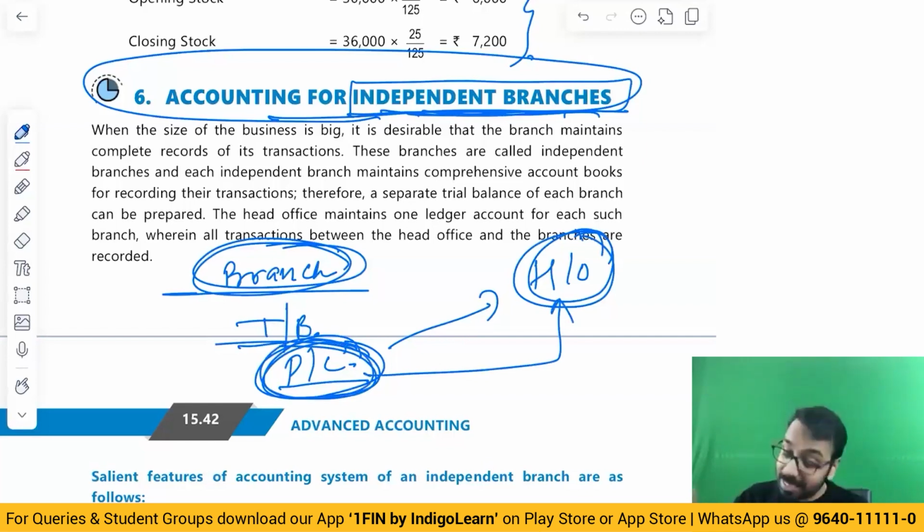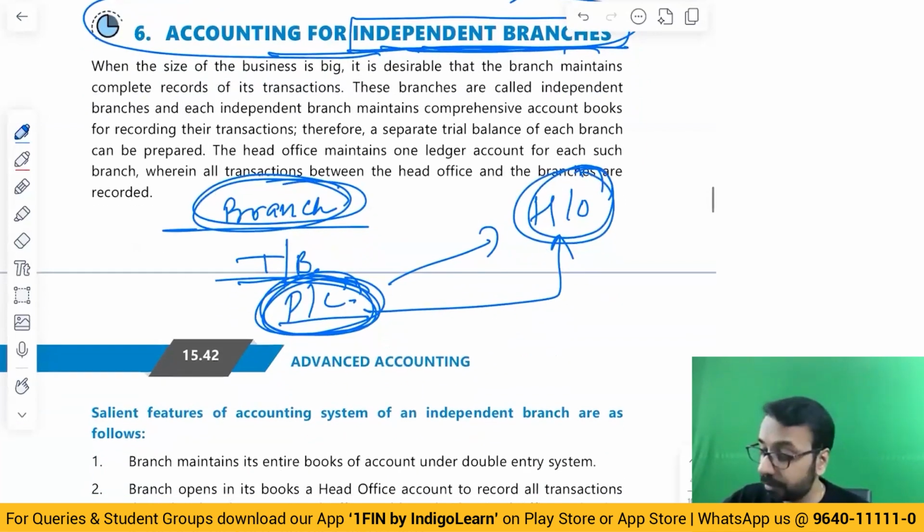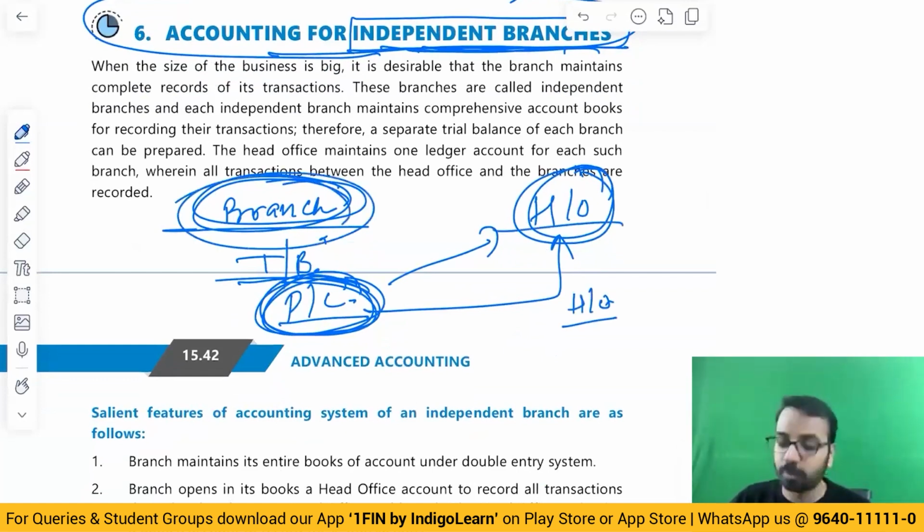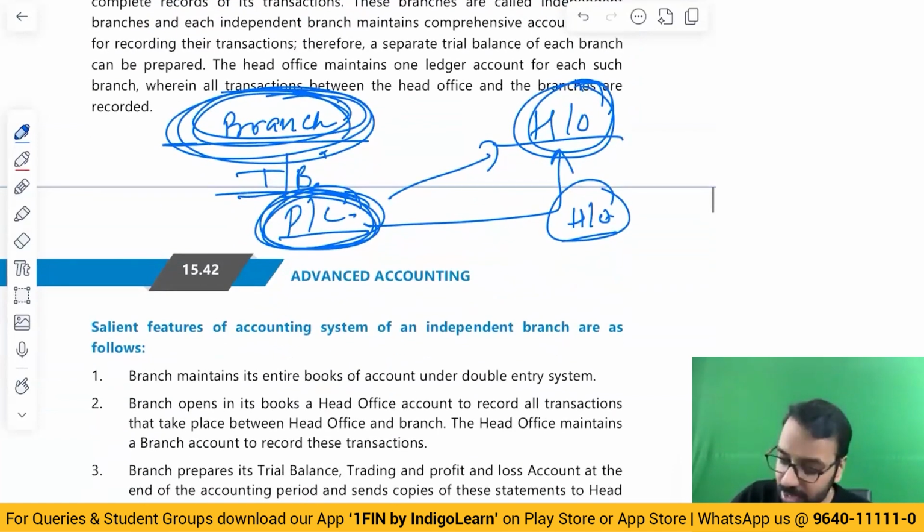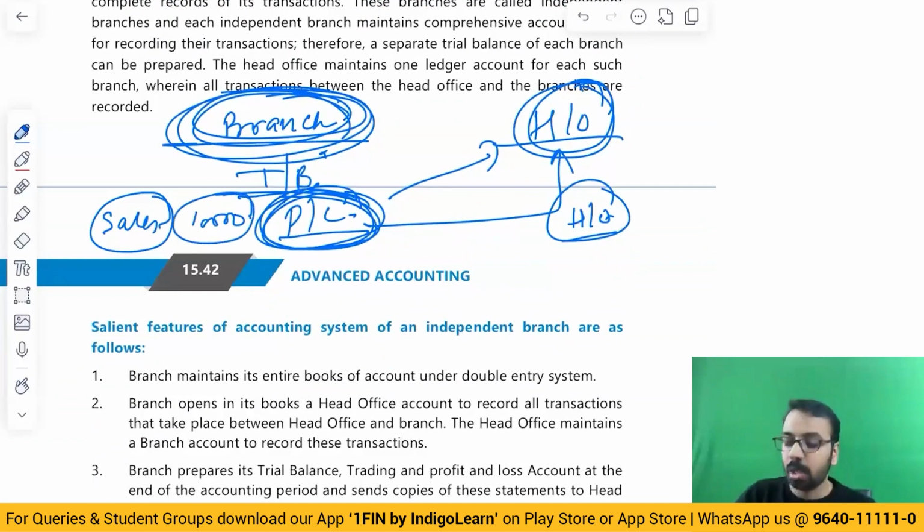That is one. Second is, if the head office wants, all the balances of the branch account books can be incorporated into head office. So head office will take or record all the sales and everything from the trial balance and close the books of the branch and prepare the P&L. What do I mean by that is, let us say branch trial balance has sales of 10,000.